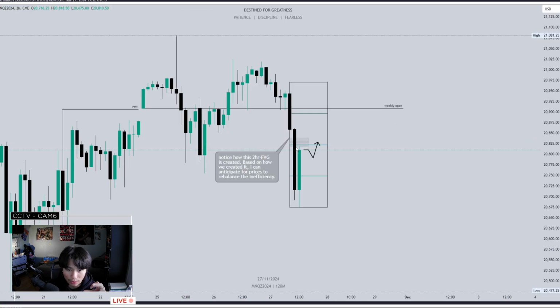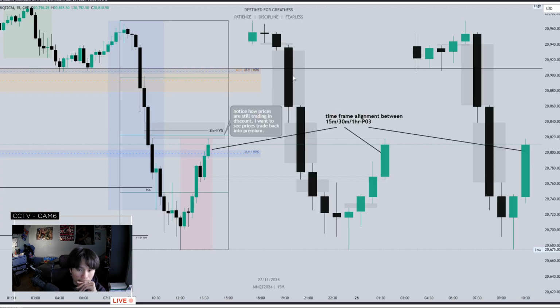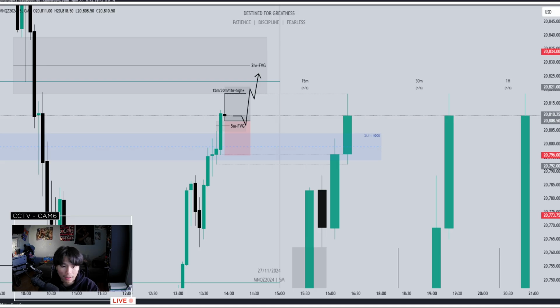So this 2-hour candle here becomes my model. The higher time frame objective is the 2-hour retracement back into premium. Now that I have a model and a higher time frame objective, all I need is a fair value gap. When is that fair value gap going to be valid, right? A 5-minute fair value gap here.